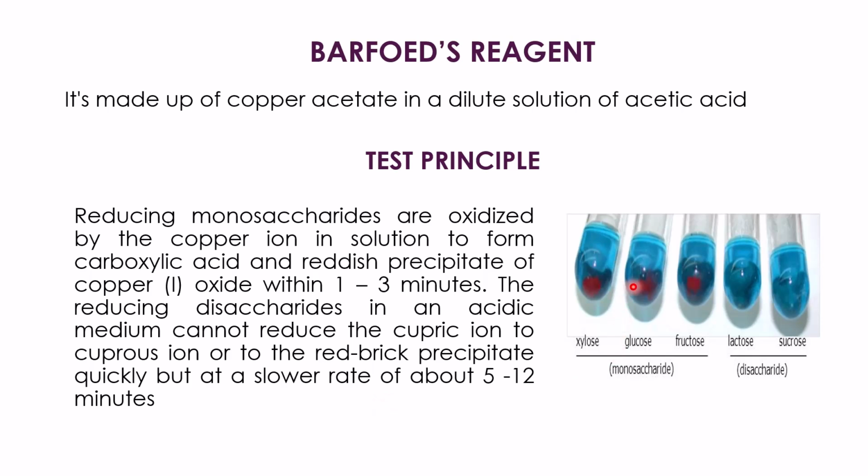So these are the positive tests for Barfoed reagent. These are the negative tests. So we have xylose, glucose, and fructose giving us a positive result for the Barfoed test, and we have lactose and sucrose giving us a negative result.